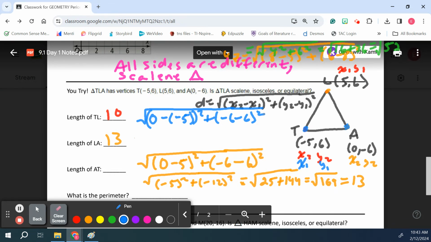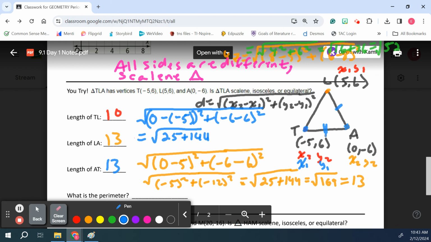So again, this is looking a lot like this one, right? Do I have the same length for a side? Yes or no? This looks very similar to this, right? We're going to have, again, 25 plus 144. So are LA and AT going to be the same? Yeah. So this is 13 as well, which means LA is congruent to TA.